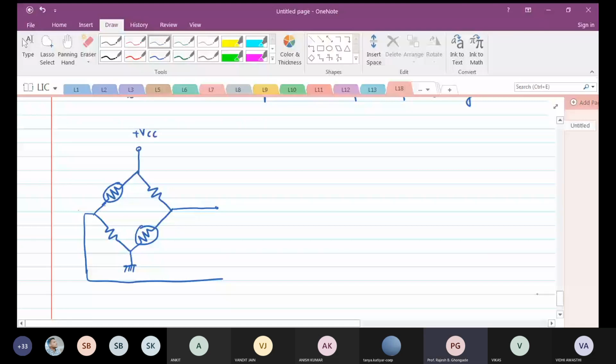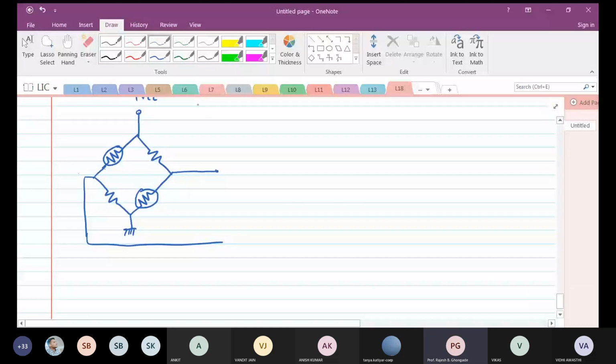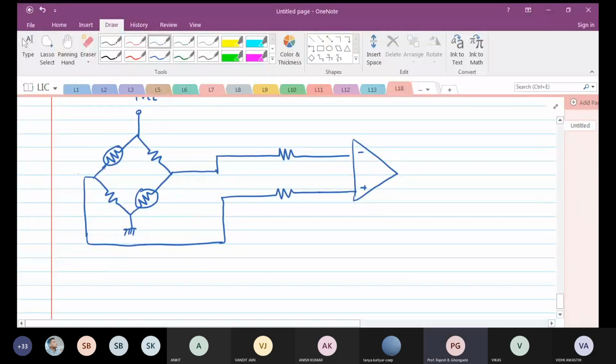In that case, if I want to find out the output voltage, what I will simply do is use the difference amplifier here, like this.